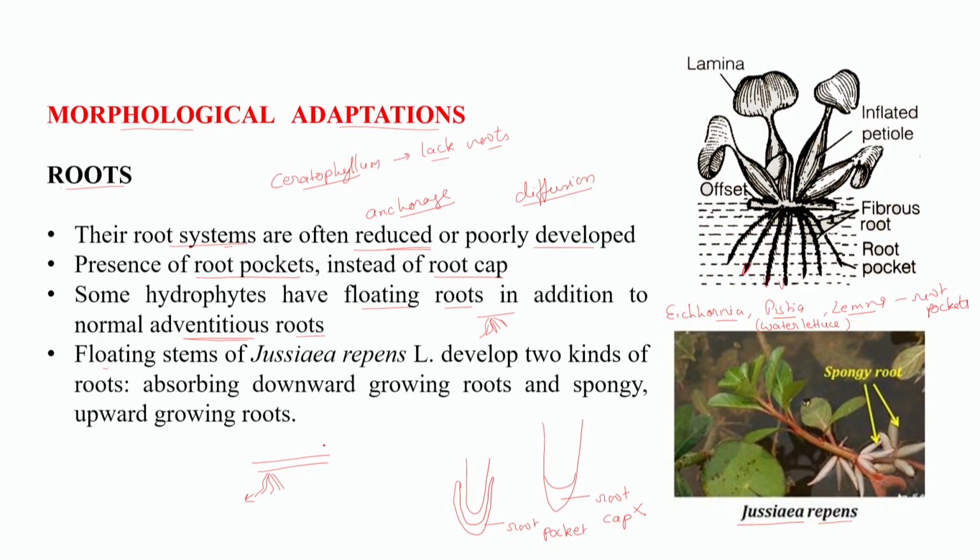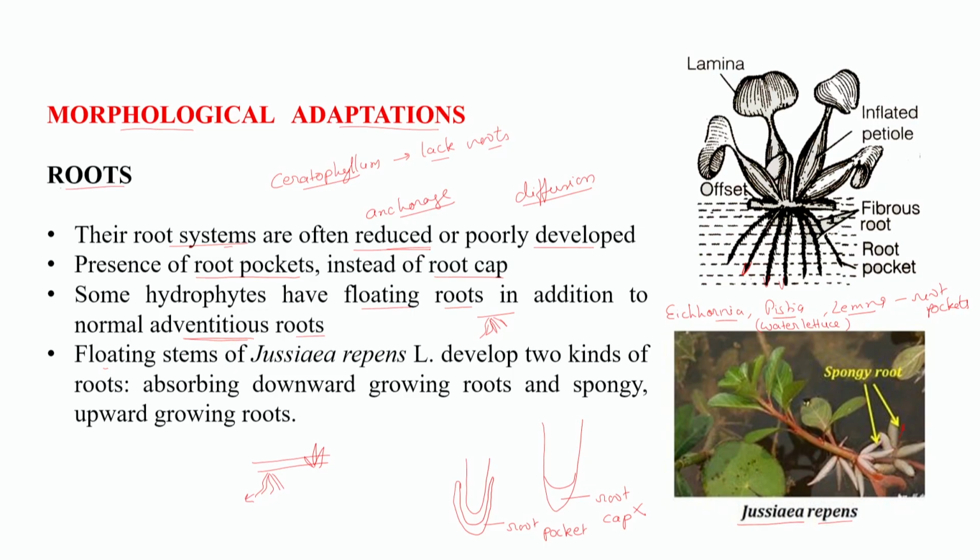The other is spongy and grows on the upper side; you can see the spongy roots growing in the upward direction. These roots will help in floating the plant, help in stabilizing the plant in the water, and also assist in nutrient absorption from the water column.